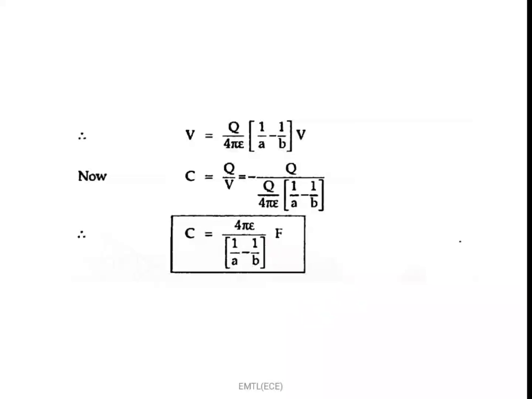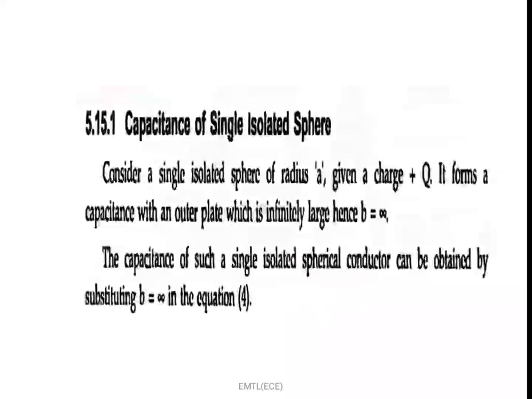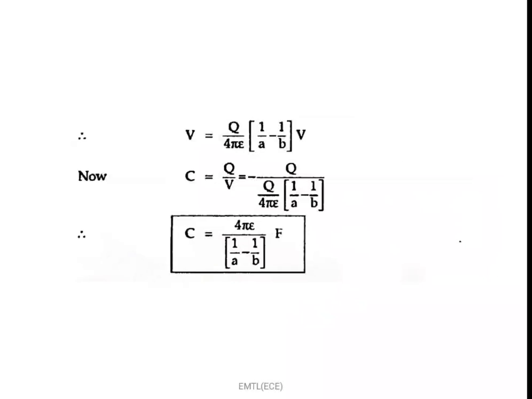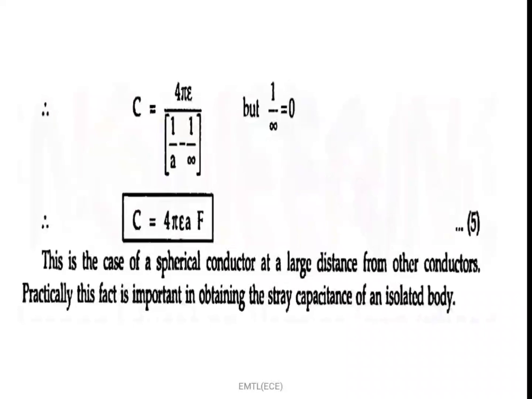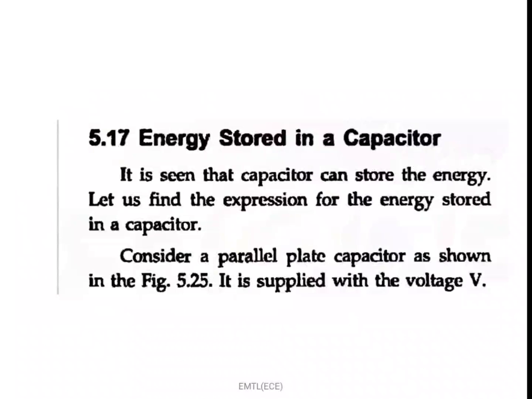Based on this expression, there is another case, that is the capacitance of a single isolated sphere. Just by substituting B equal to infinity in this expression, we get the capacitance of an isolated sphere, that is C is equal to 4 pi epsilon A farad.